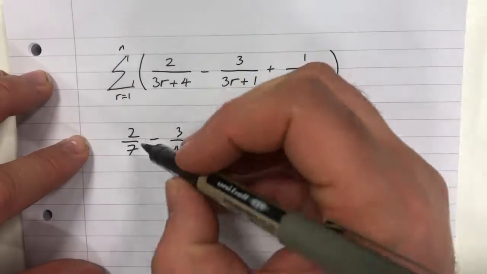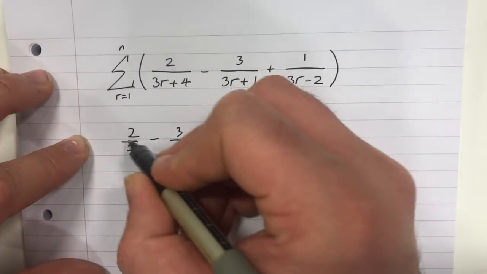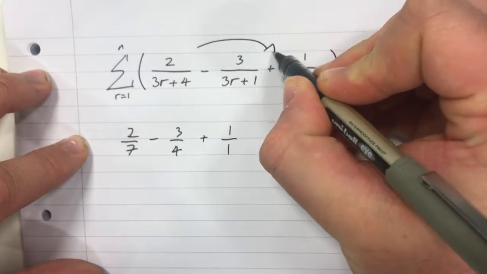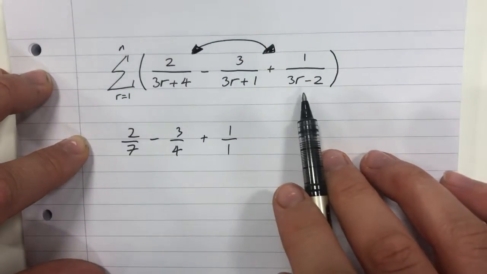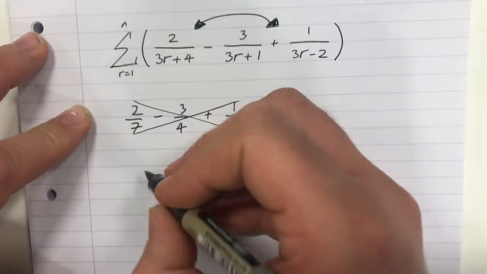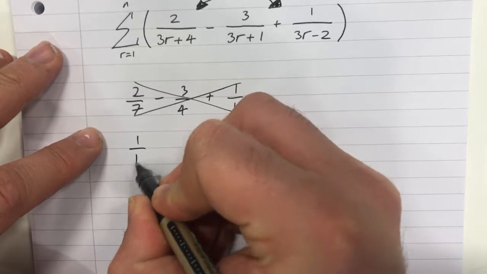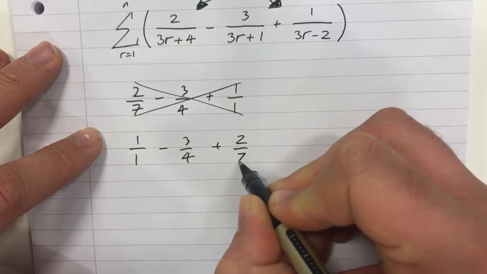So what I'm actually going to do is just write that the other way around. Those two fractions are backwards, because I expect the denominators to go up by 3 each time, not down by 3. So I'm instead going to say 1/1 minus 3/4 plus 2/7.